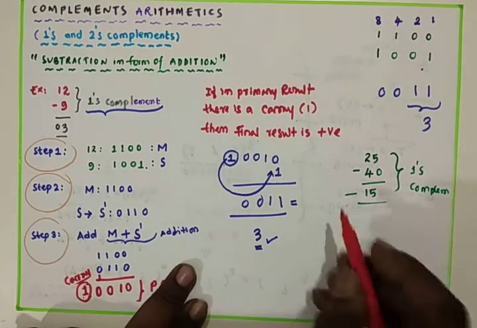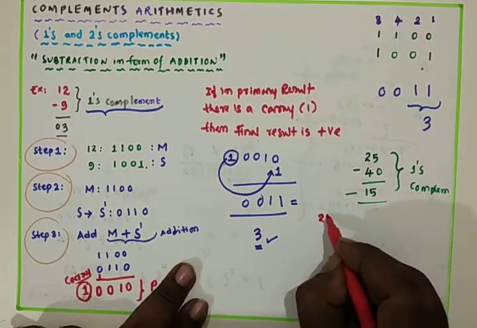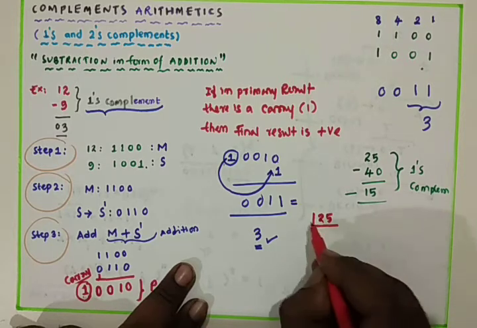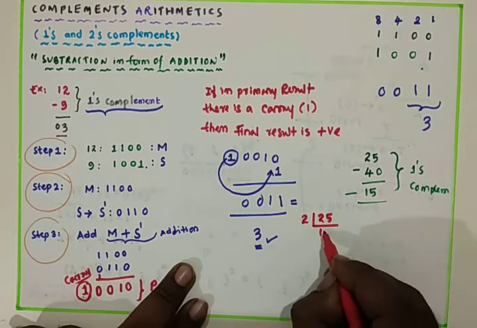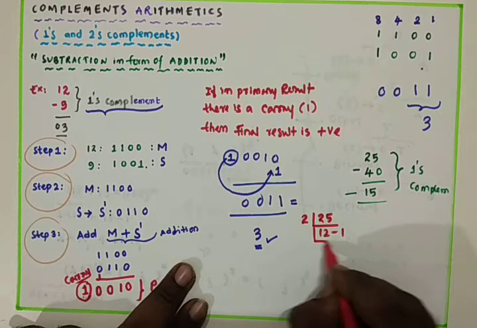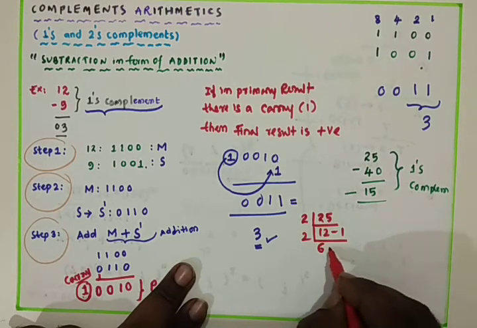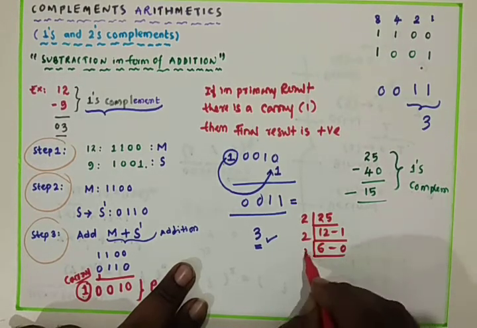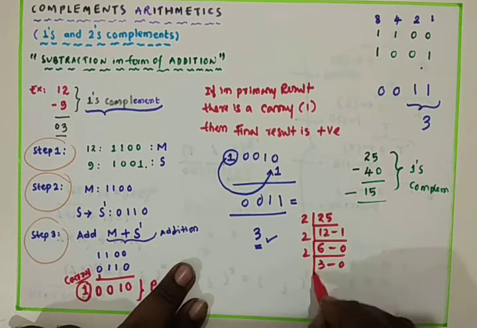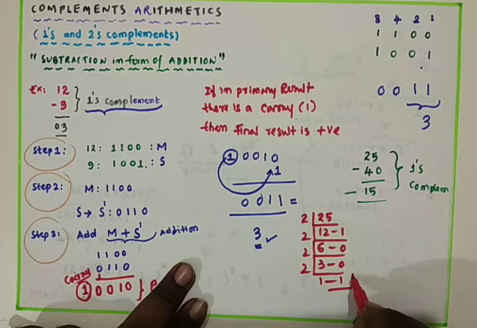Take 25. 25 is a decimal number. Convert into binary. 2 12s are 24 and the remainder is 1. 2 6s are 12, remainder is 0. 2 3s are 6, remainder is 0. 2 1s are 2 and the remainder is 1. So collect all the remainders.